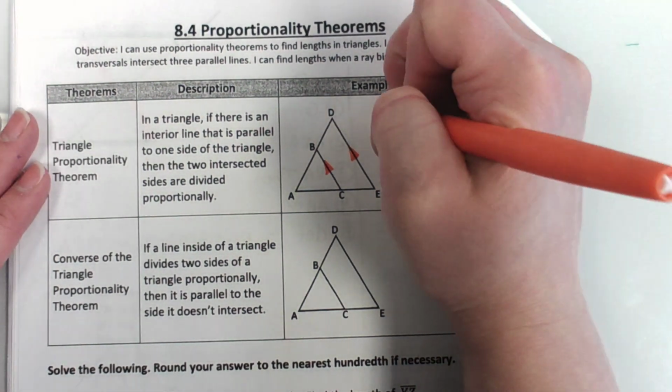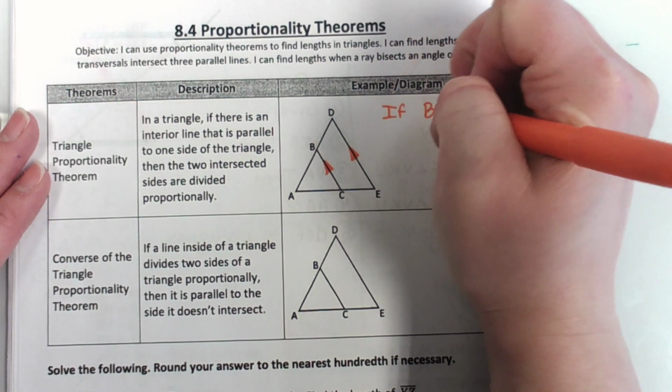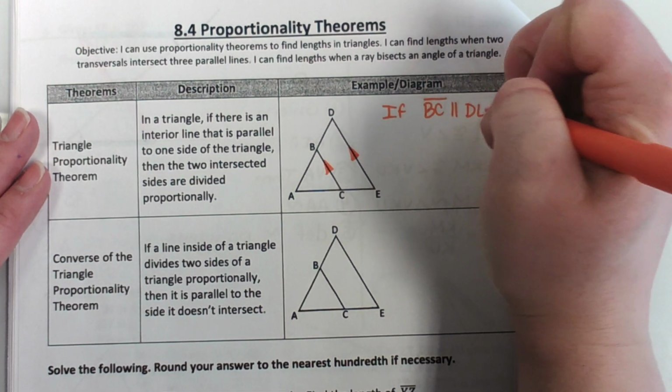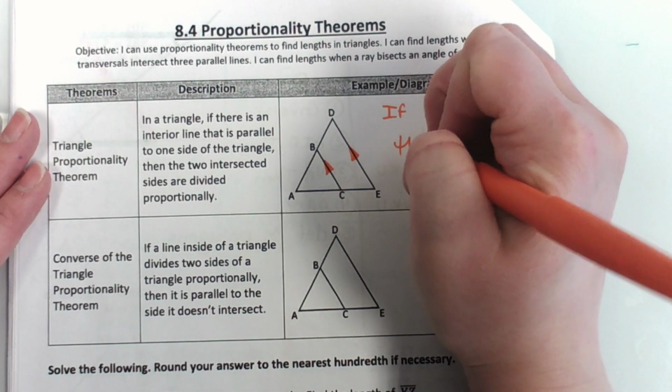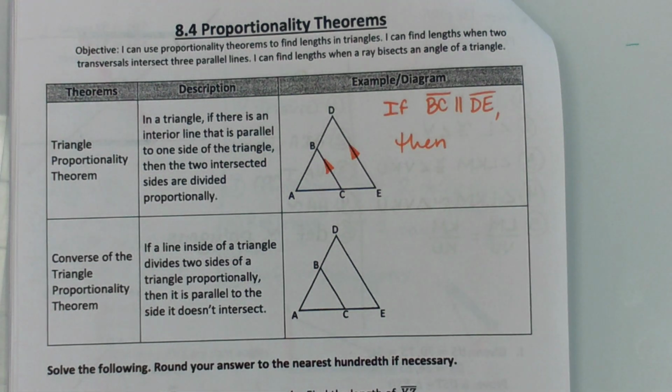so in other words, in this picture, that means if BC is parallel to DE, then those lengths get cut in a manner that is proportional.